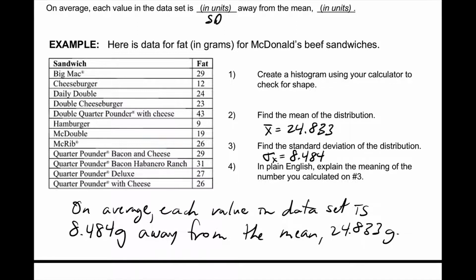So what this says is each of those numbers is on average about 8.5 grams away from the mean. Now, are they all 8.5 grams away from the mean? No. I don't think any of them are 8.5 grams away from the mean. But on average, they are. That's the spread. Remember, it's the spread.